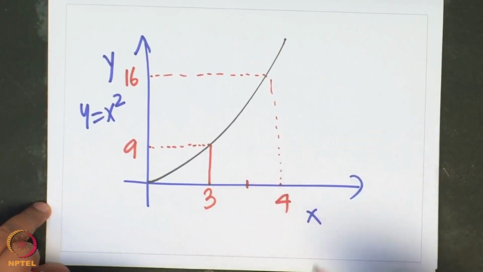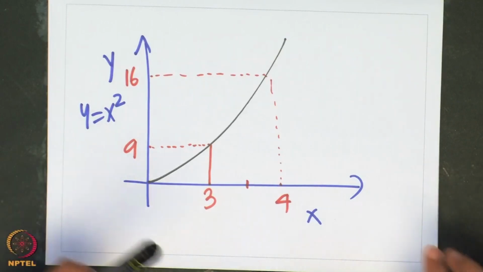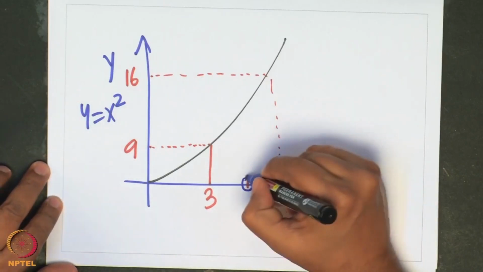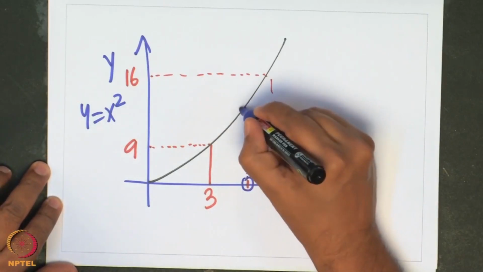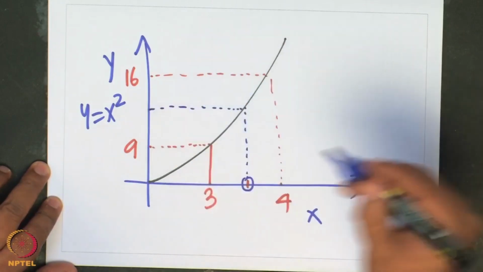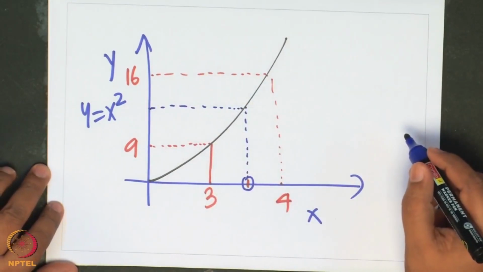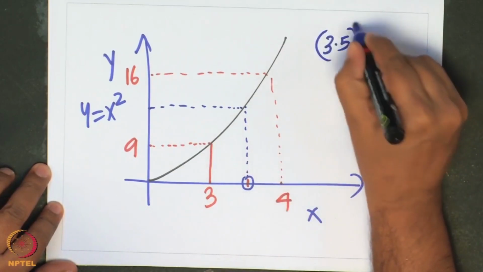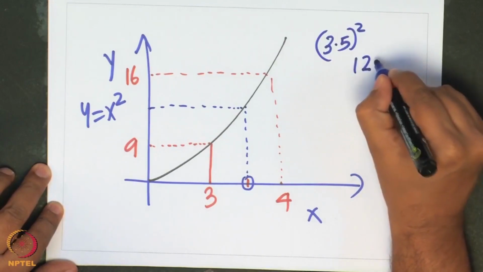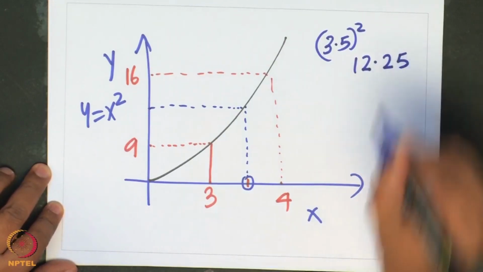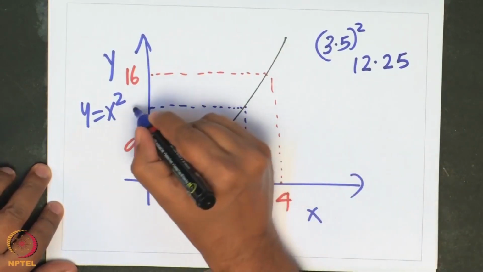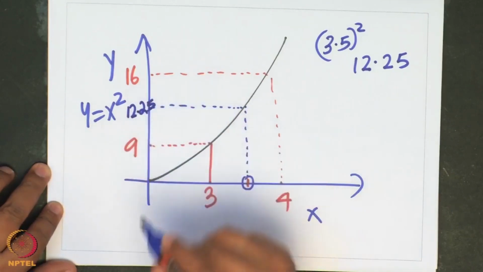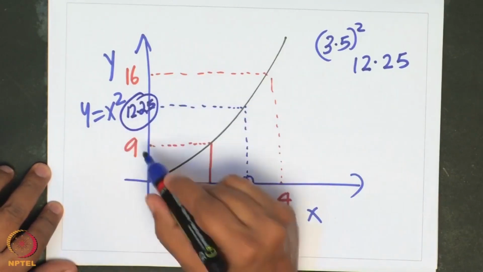If I take the point in between, which is 3.5, let us see what is the corresponding value. This point is going to be 3.5 square, which we know is 12.25. That's what this value is.